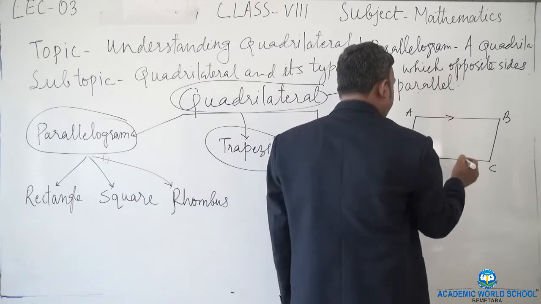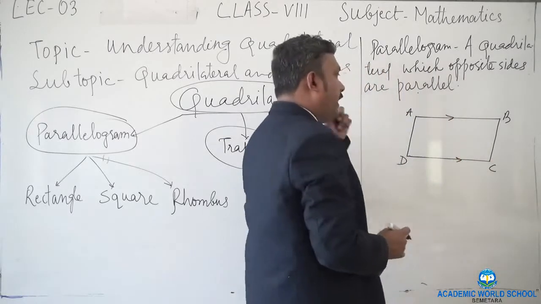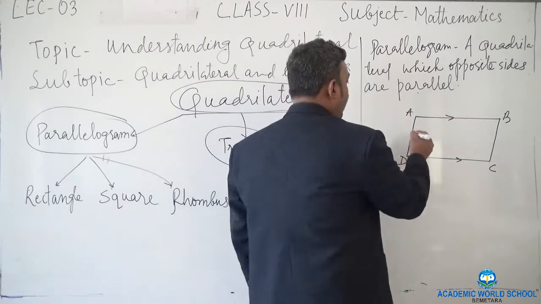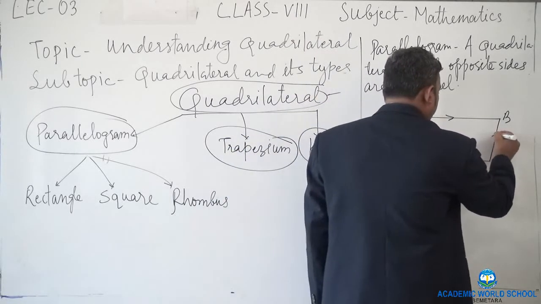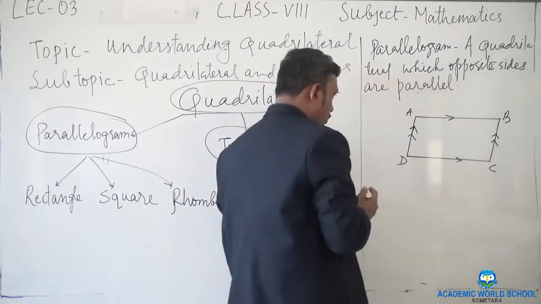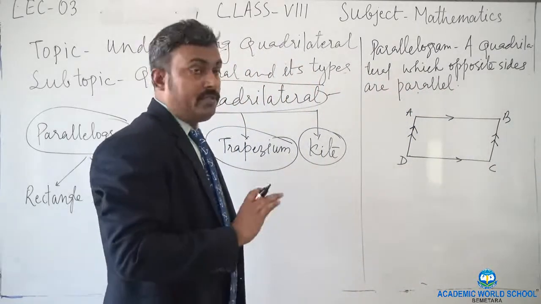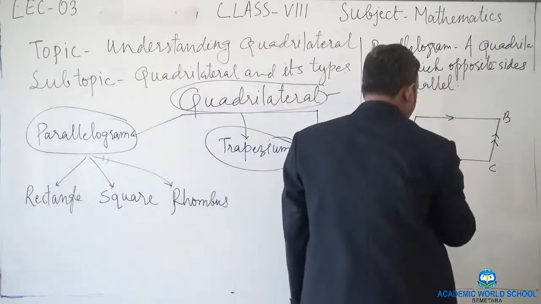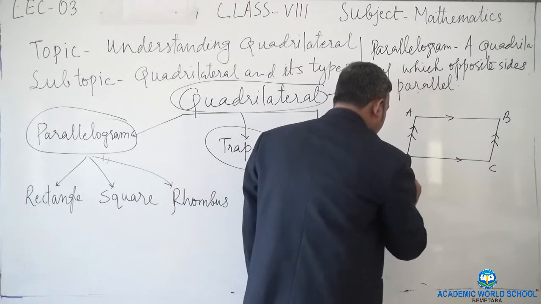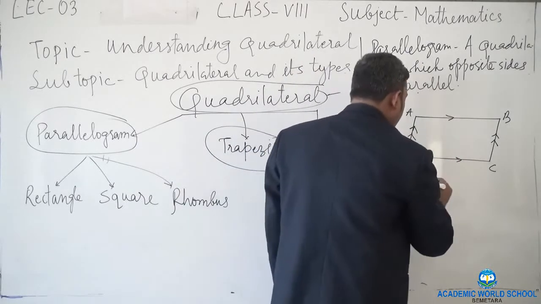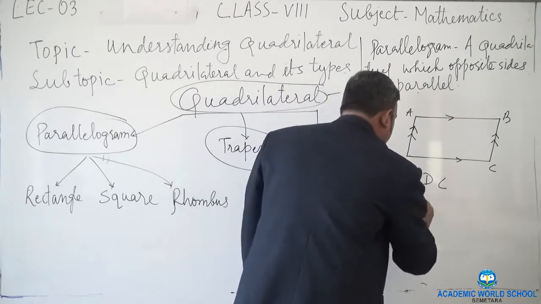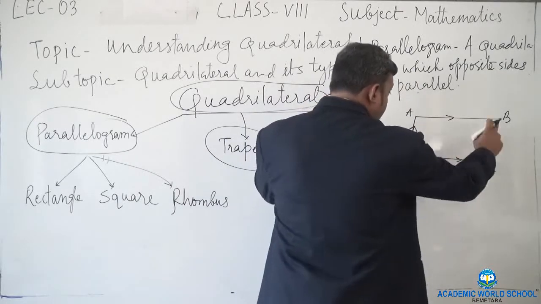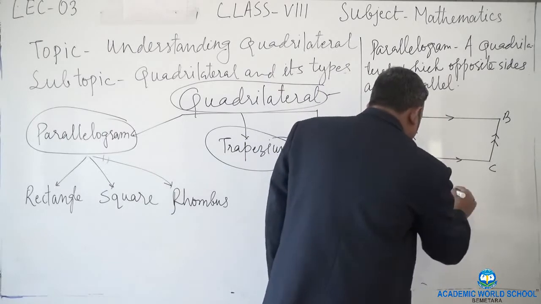Here, side AB is parallel to side CD and side AD is parallel to BC.